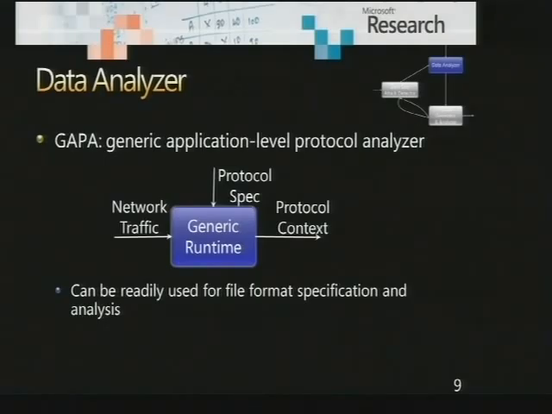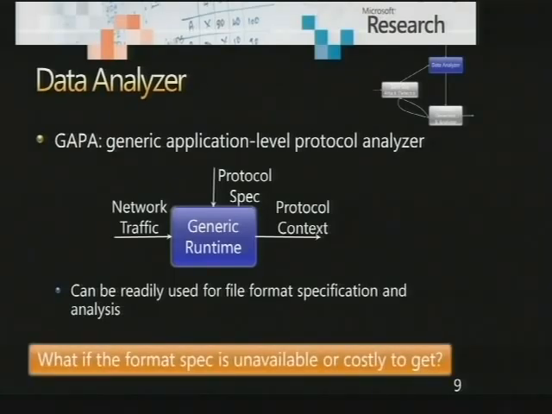For example, which protocol state you are currently at, and what the messages and the fields in the messages are. GAPA can also be used for file format specification and analysis. So the question is this: GAPA requires all kinds of data analyzers. They require this protocol spec. What if, when we see a zero-day attack, the format spec is not available or takes a long time to derive?